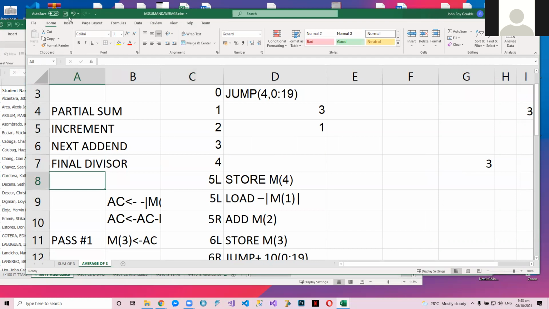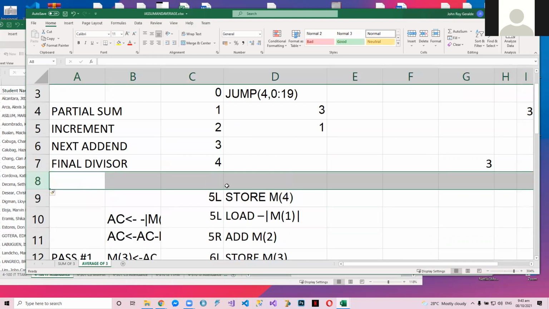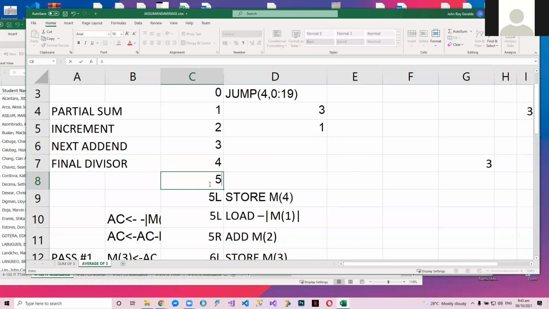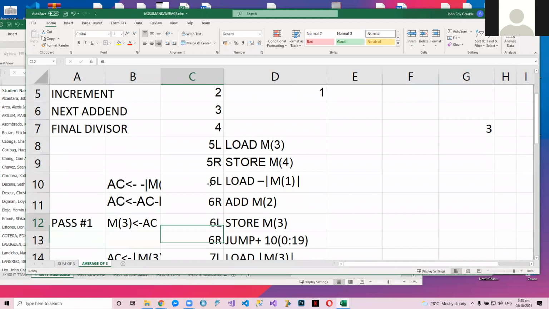I have to upload this again, no? Do not download it yet, no? This will be 5L. Load M3. This is 5L. This is 5R now. This is 6L. 6R. So anyway, we only add 1, no? 7L.